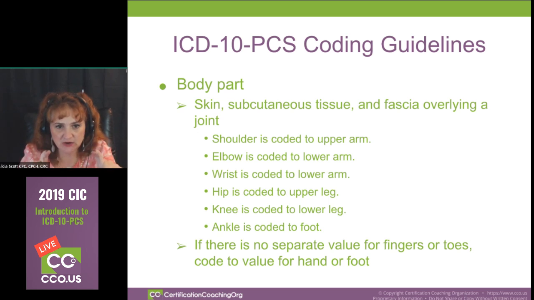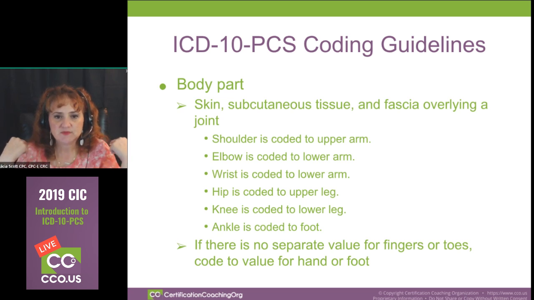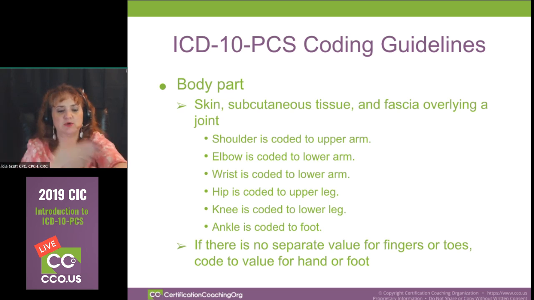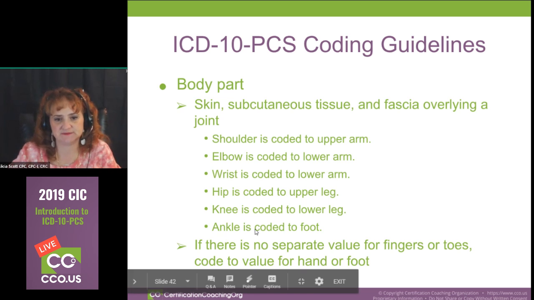Now this right here, you need to jot down and make a note of it for yourself. This information is actually in your manual, but it's difficult to find. So you might want to pause the video and make yourself a note of this, so that whenever we do anything to a joint that has to do with the subcutaneous tissue, the skin or the fascia: shoulder is upper arm, elbow and wrist is lower arm, hip is upper leg, knee is lower leg, but the ankle goes to the foot.